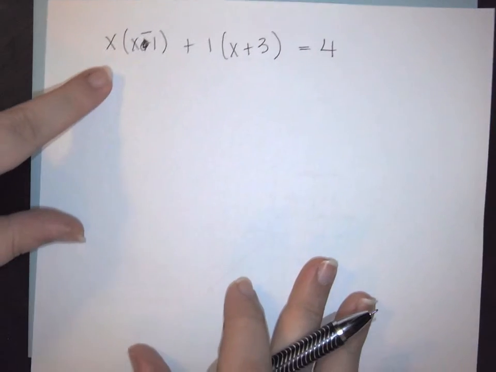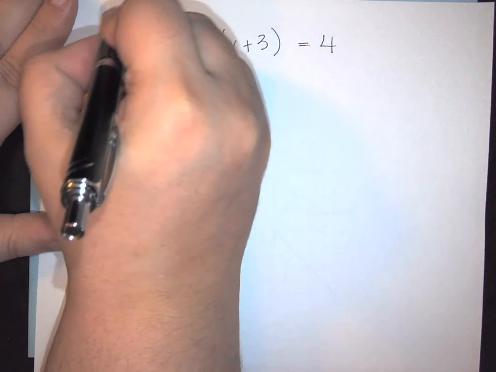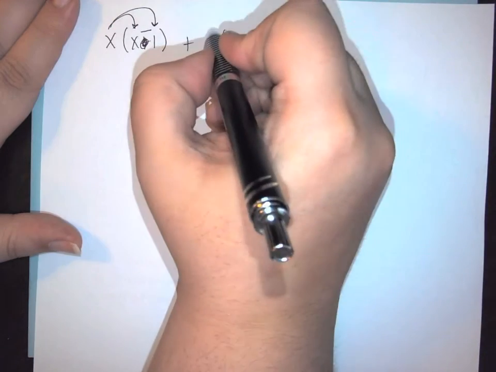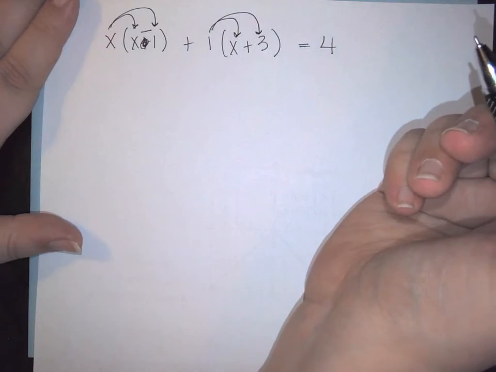So we have to distribute the x through my terms. Then we have to distribute the 1 through the terms and then solve for x.